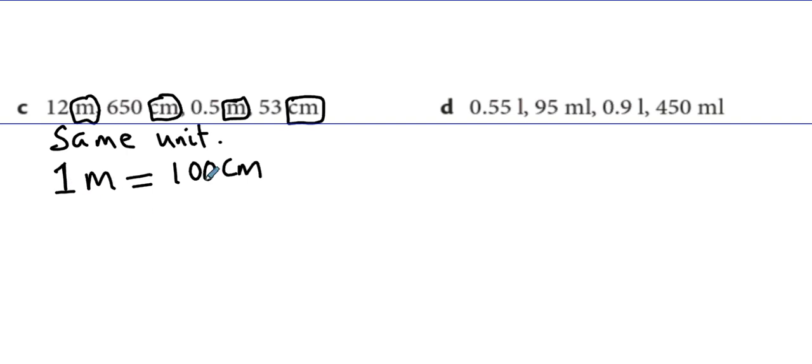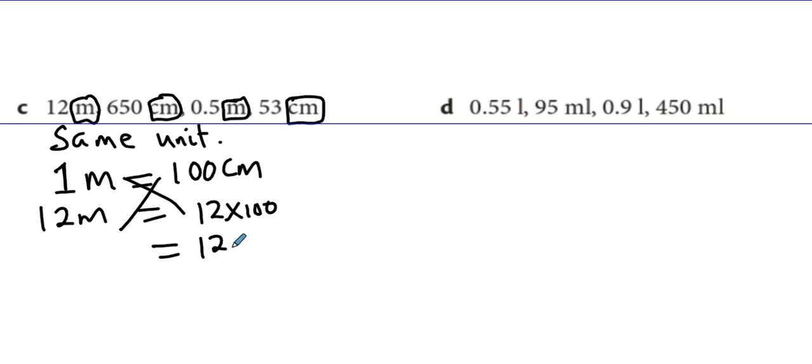So if 1 meter equals 100 centimeters, how about 12 meters? Here we cross multiply. This will be 12 times 100, and this will be equal to 1200. So for the case of 12 meters, we write 1200 centimeters.